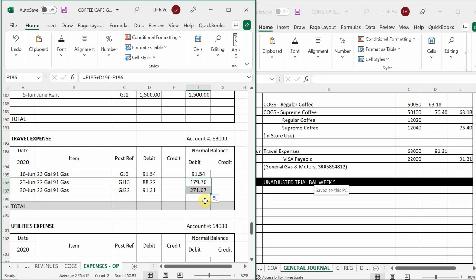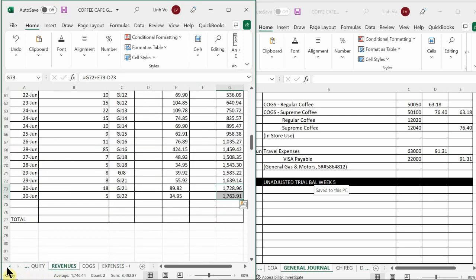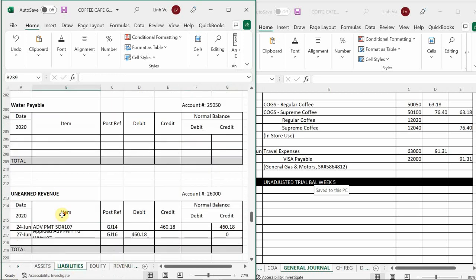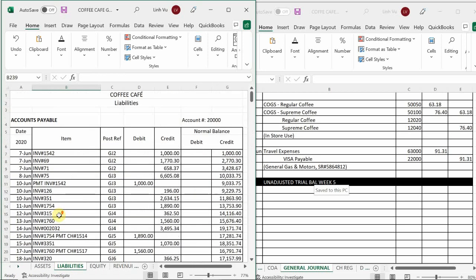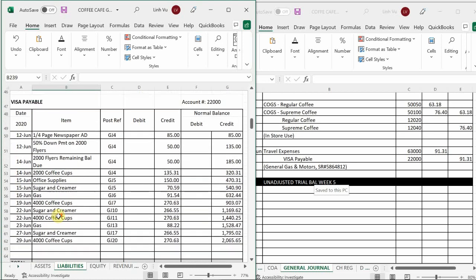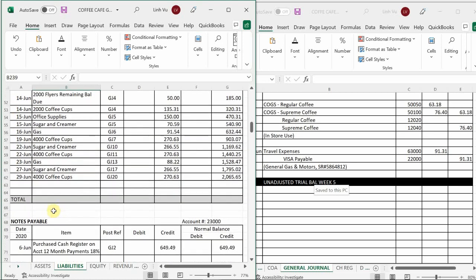And of course, we used our Visa credit card to make a payment for it, so I need to also update my credit card records. Here is my credit card, the Visa payable.